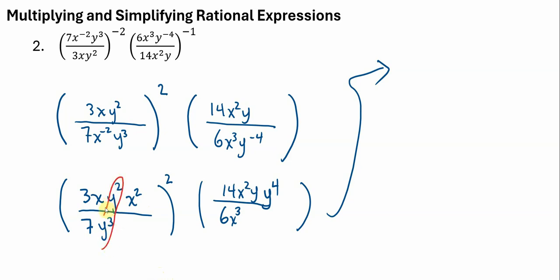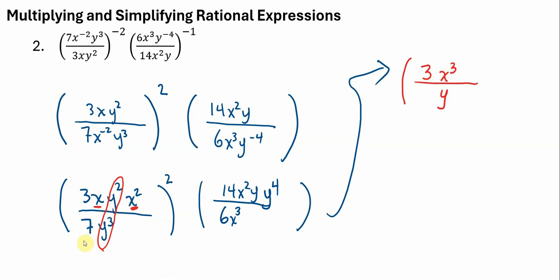Now over here, notice that I have a y squared and y to the 3rd. When we simplify that, that's just going to be 3. And then you have a y cubed, subtracting y to the third, so that's just going to be y in the denominator. And you have an x times x squared, so that's just x to the third.